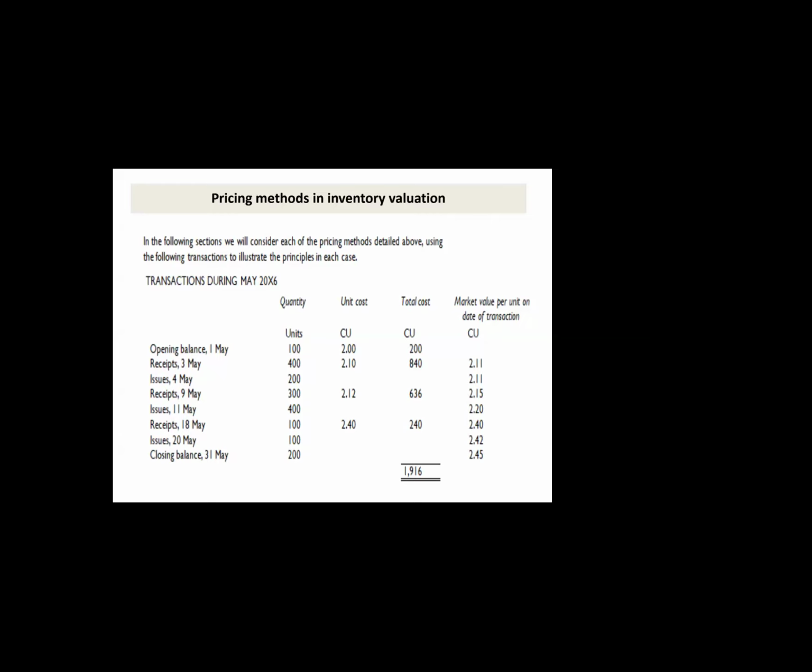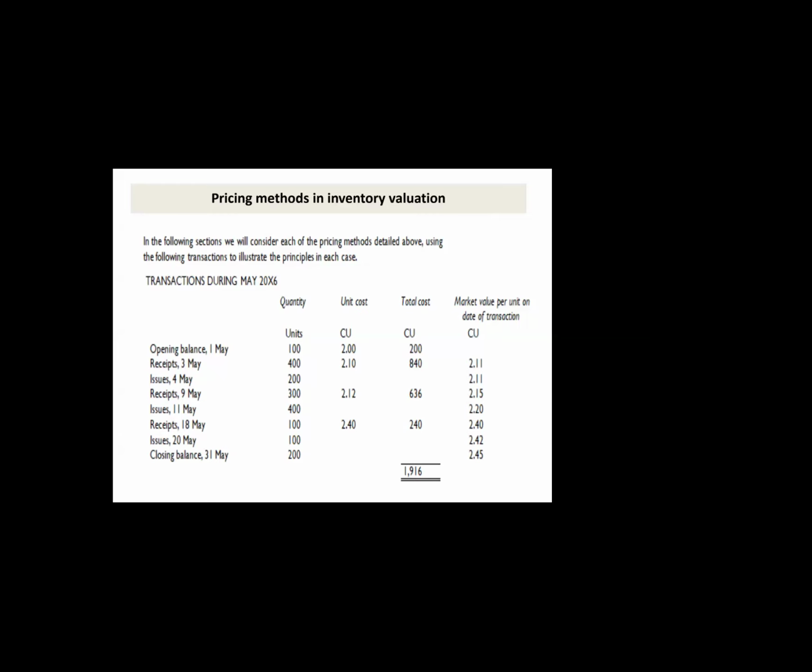Under the first in, first out method, and also under the last in, first out method, for each receipt of inventory, including opening inventory, we have to preserve a separate value, and we have to issue following the first in first out method.